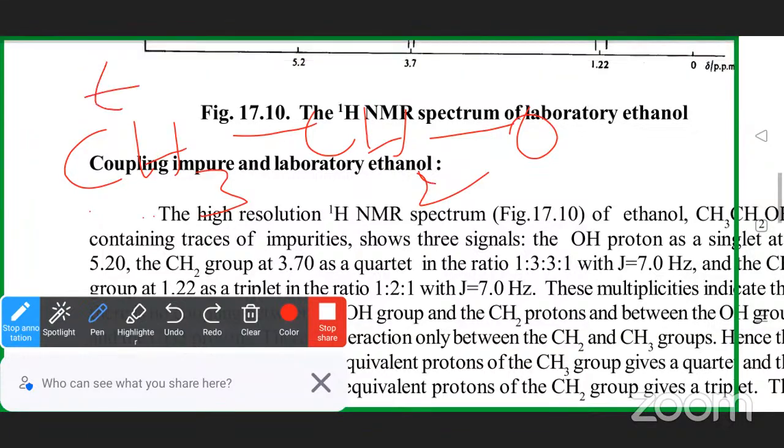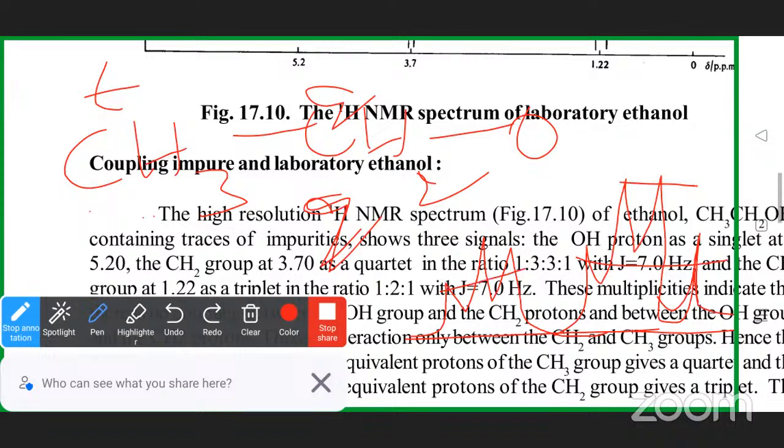And for this CH2 proton, there are three neighboring protons, so it is 3 plus 1, a quartet only. So the spectrum appears as a triplet and a quartet. The intensities of these two are the same, and this one is higher in height than that one. So this is the difference.